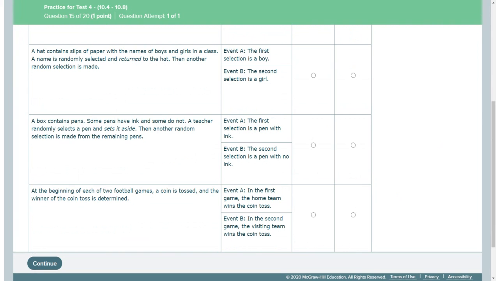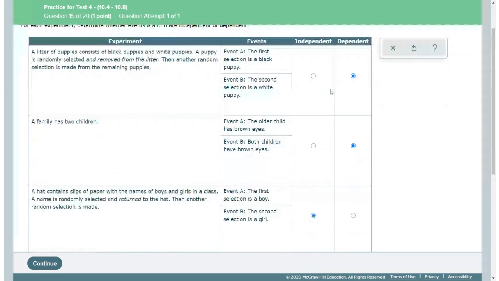But you're putting them back in there, and you've got a blank slate now. Now you're picking again, and you want to have a girl. So these two things are independent of one another.